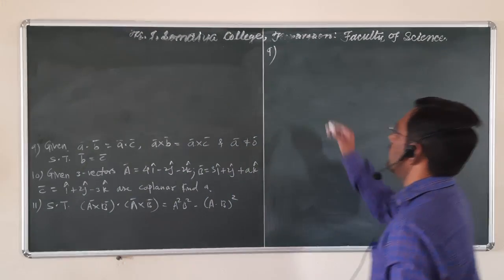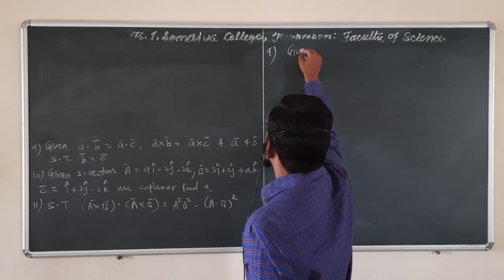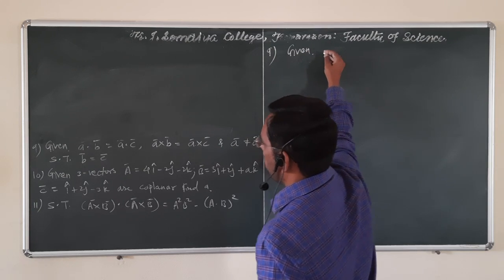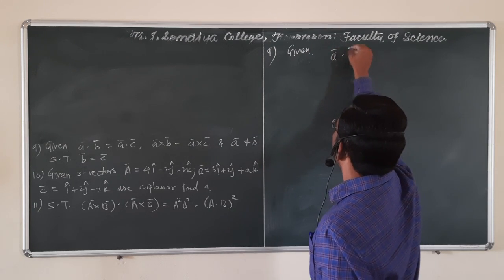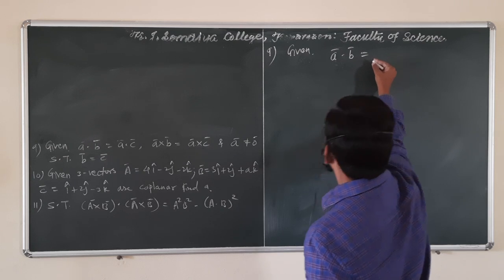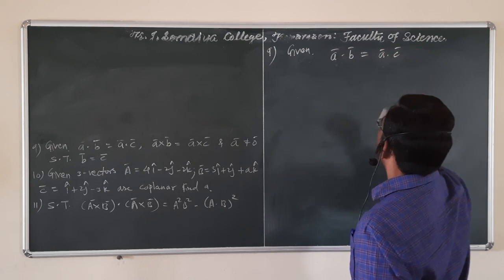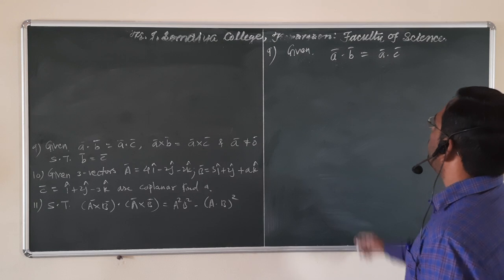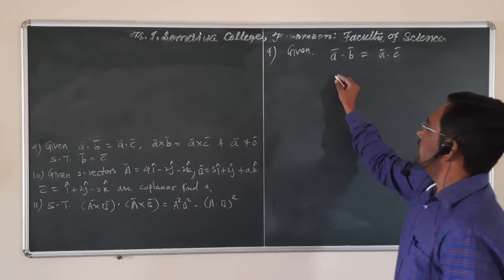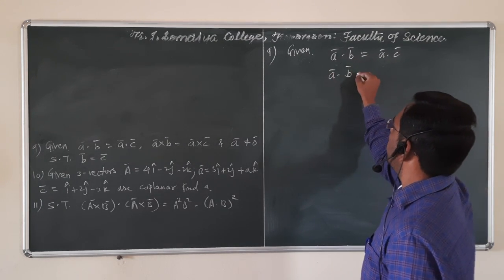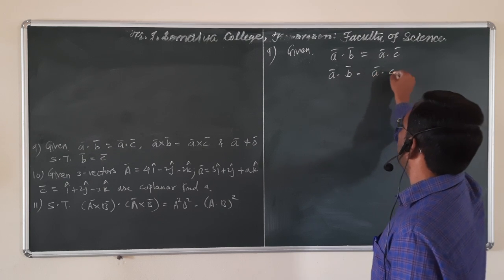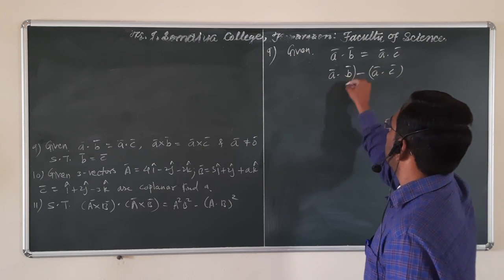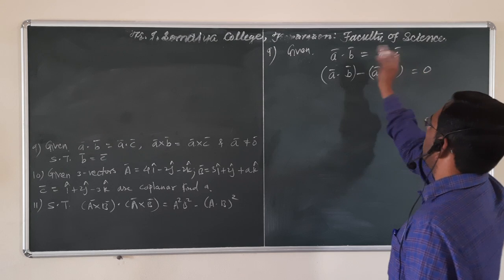So first of all, given vector A dotted with B is equal to vector A dotted with C. Now, if you take this term on the left hand side, vector A dotted with B minus vector A dotted with C is equal to 0.